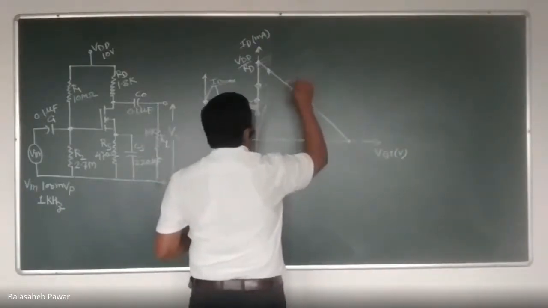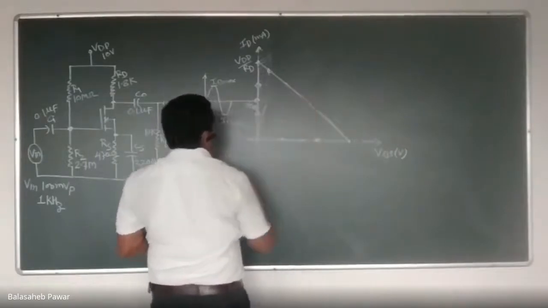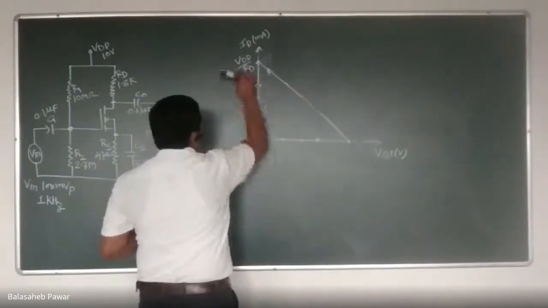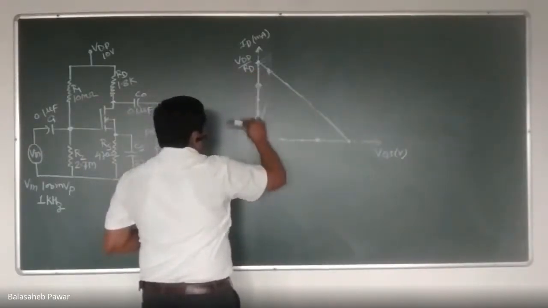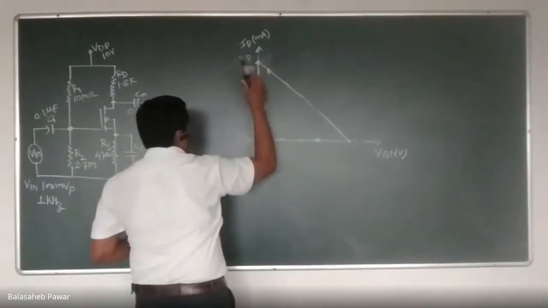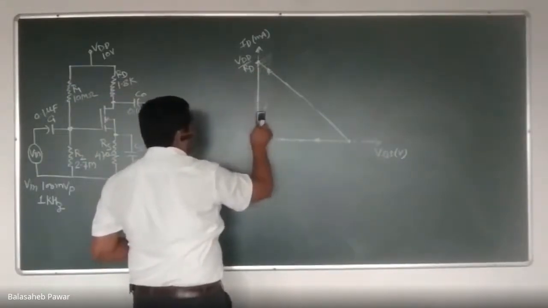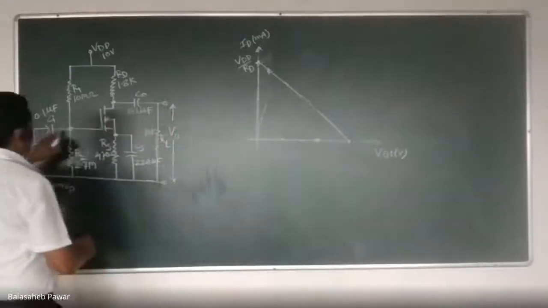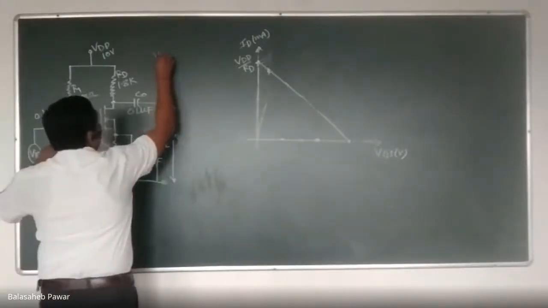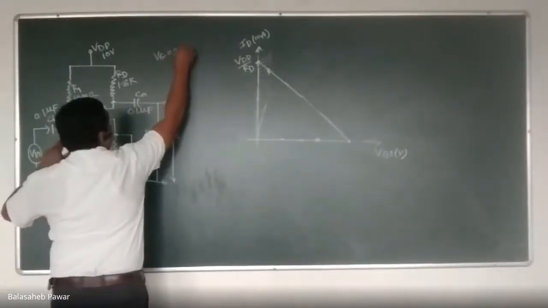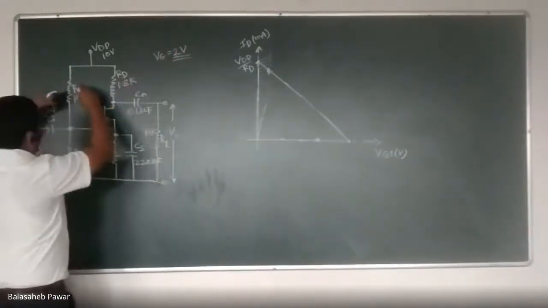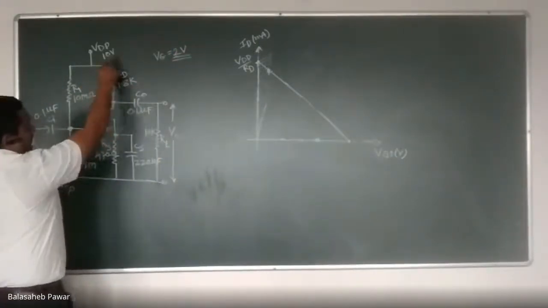So suppose instead of keeping the operating point at the center, in our previous example, how much was the value of Vg? It was 2 volts, correct? By selecting R1 and R2 with this VDD of 10 volts.